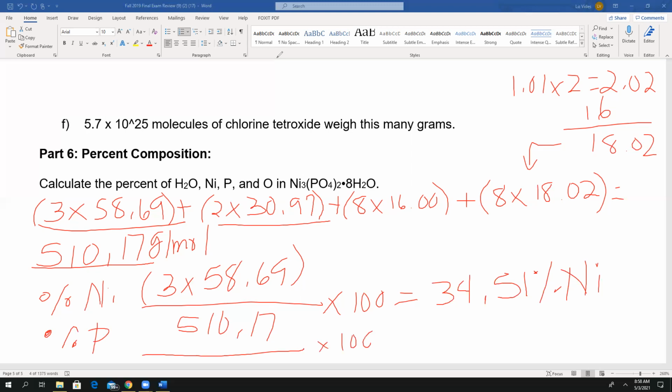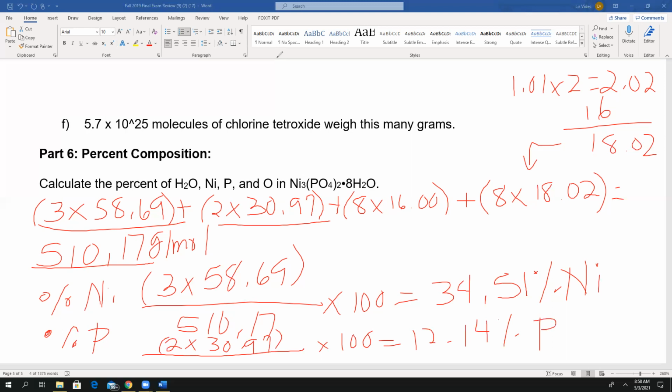And you know what you're doing here. You just put this number, which is 2 times 30.97, divided by that number there, 510.17. That gives me 12.14%. And that would be phosphorus.